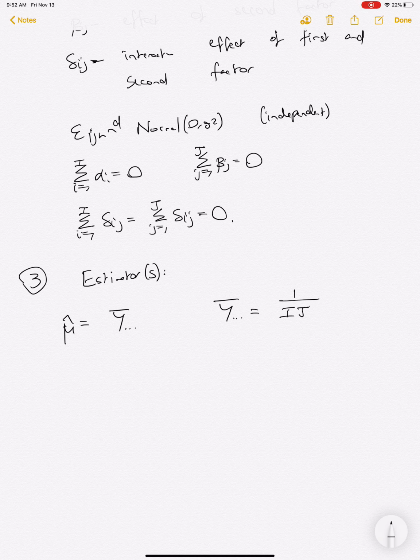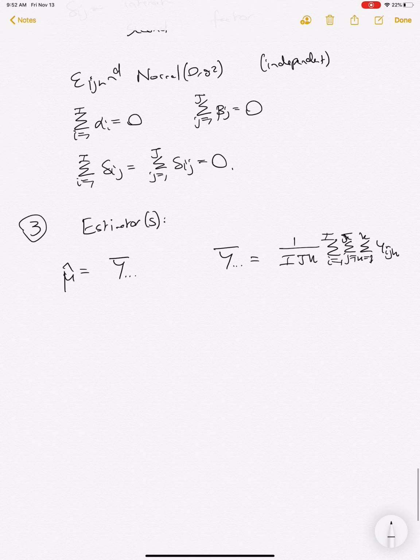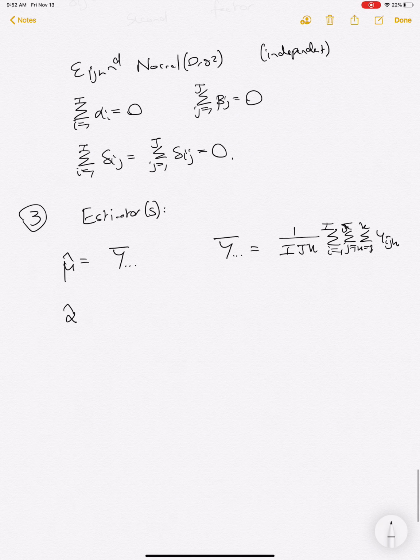So the overall mean is pretty intuitive, and we're doing a lot of triple sums here, which is going to be a bit annoying. Okay. Alpha hat i is again what you'd basically expect. So remember that we want to subtract the overall mean.